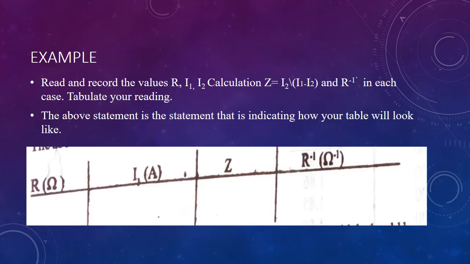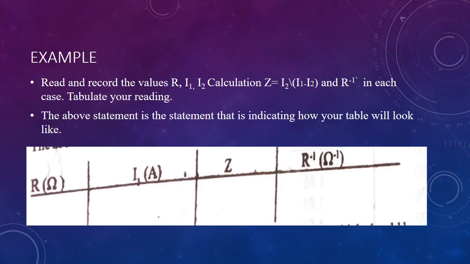For example, looking at what we have on the screen, you see a question: read and record the values of R, I1, I2. Calculate Z equal to I1 all over I1 minus I2 and inverse R in each case.